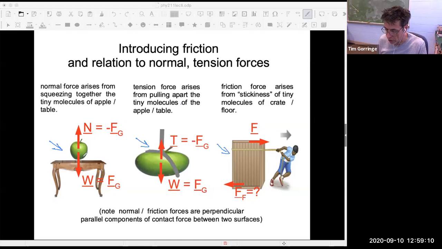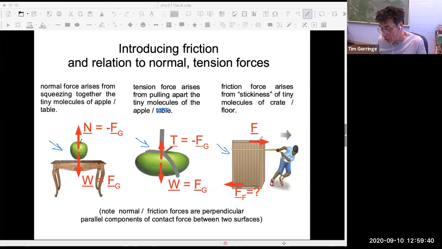And that's the origin of the normal force. If you remember the apple on the stem of the tree, the origin of the tension force from the stem on the apple is that the atoms of the apple and the atoms of the stem, not the table here, are pulled apart and the atoms and molecules pull back.